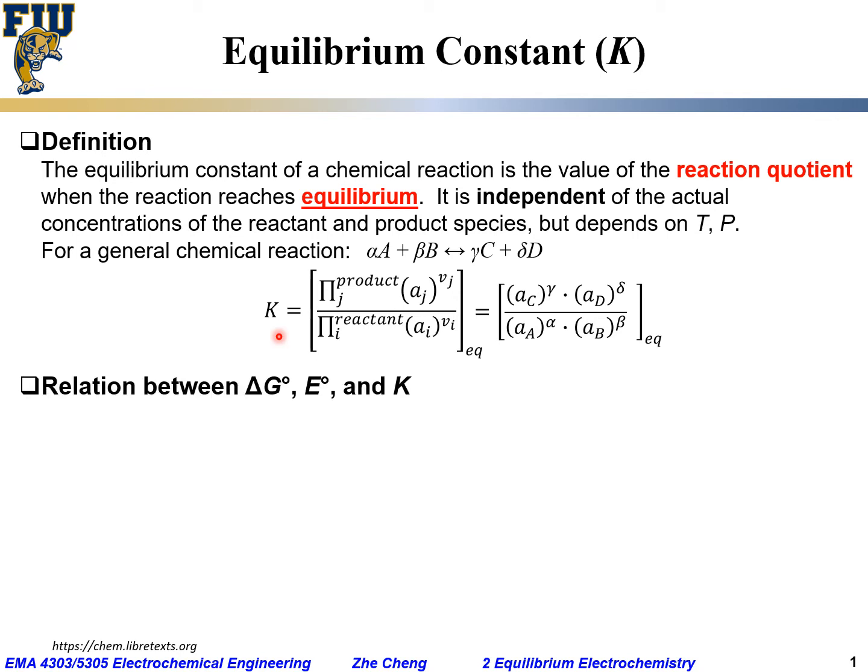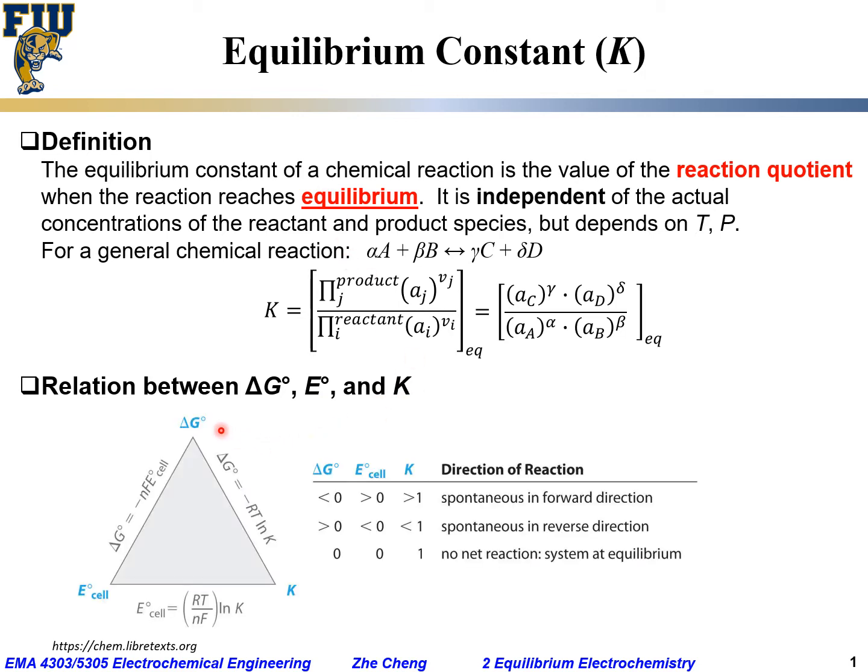And then let's look at the relationship between delta G0, the free energy change under standard state, E0, the standard cell potential, and K, the equilibrium constant. We have a triangle, a relationship between these three parameters.